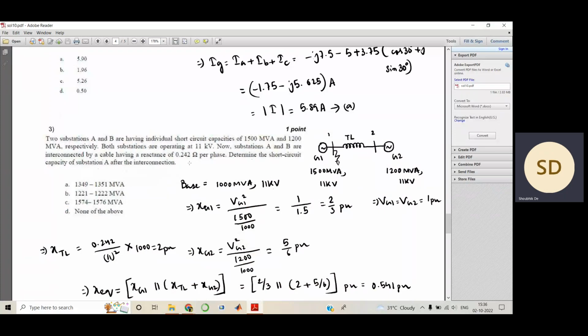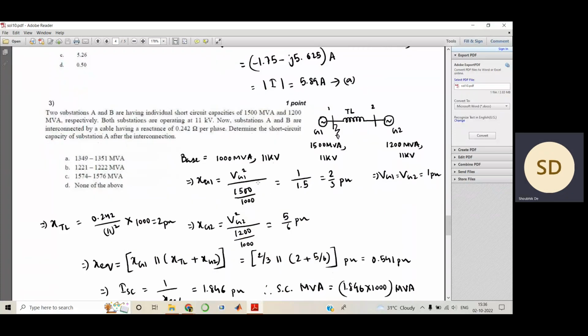So XG1 would be what? Your VG1 square divided by 1500, and which is your 1000 divided by 1000.